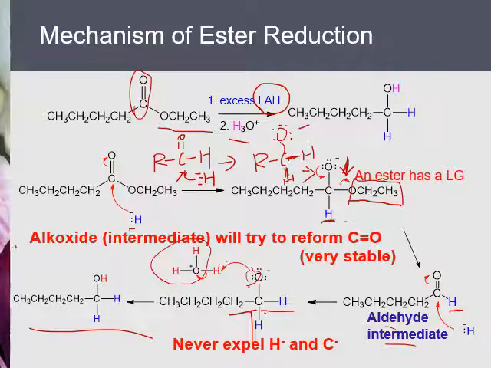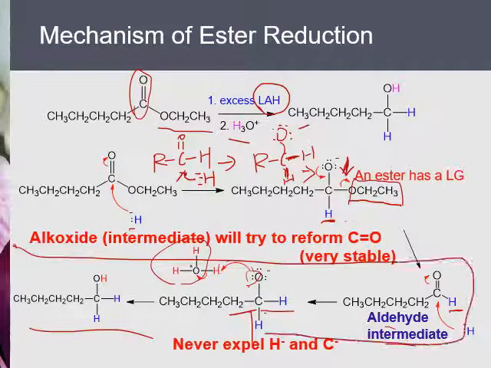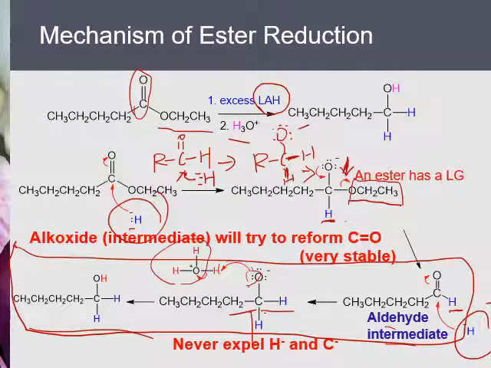So from here to here, that's exactly the mechanism we drew for aldehyde reduction. So for ester reduction, hydride attacks twice. Here one, the first step, and here again. The first hydride attack forms alkoxide, but the alkoxide first reforms a more stable intermediate, that's aldehyde.